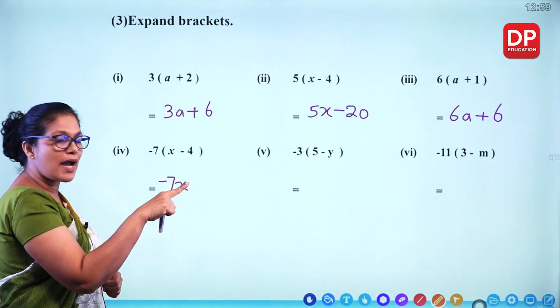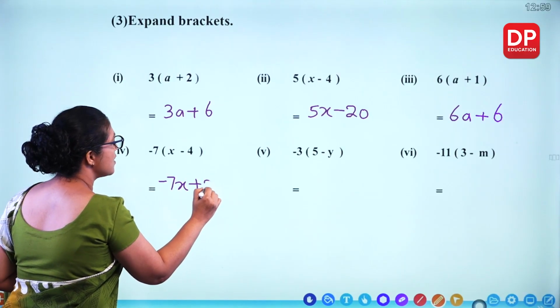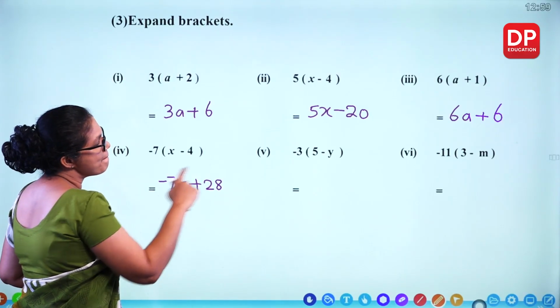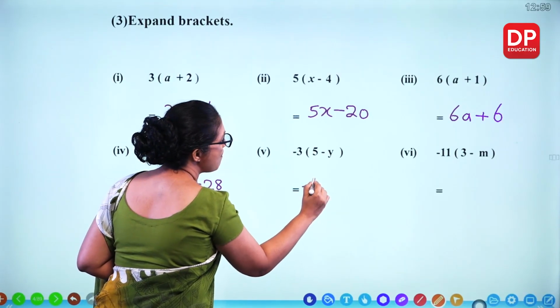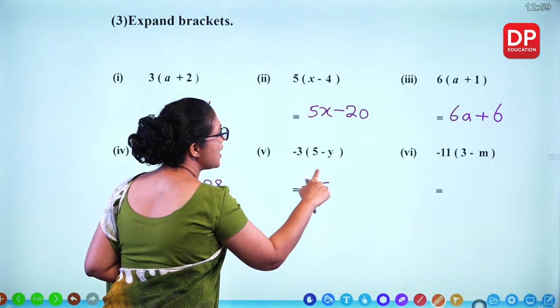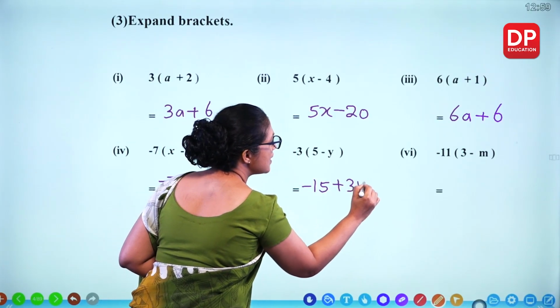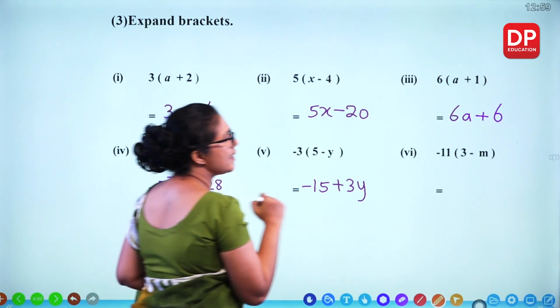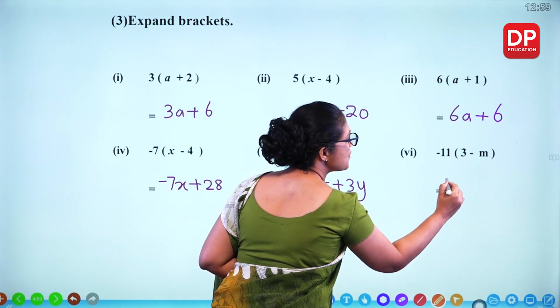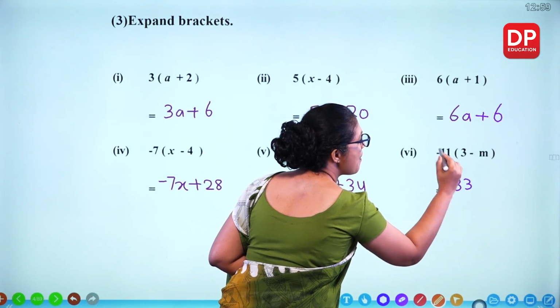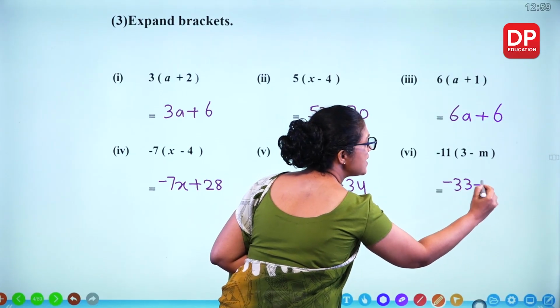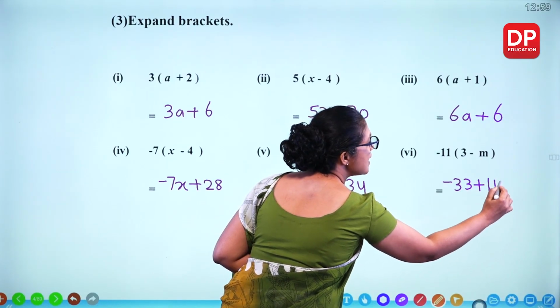Minus 7 times minus 4, plus 28. Minus 3 times 5, minus 15. Minus 3 into minus y, plus 3y. Here, minus 11 times 3, minus 33. Minus 11 times minus m, plus 11m.